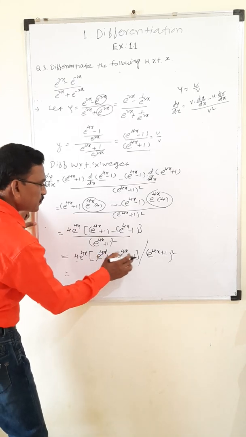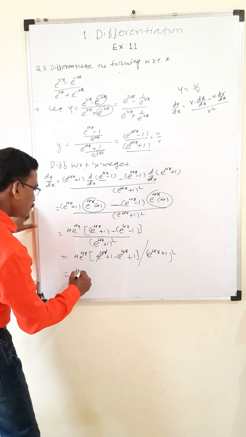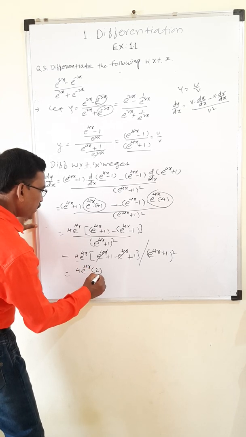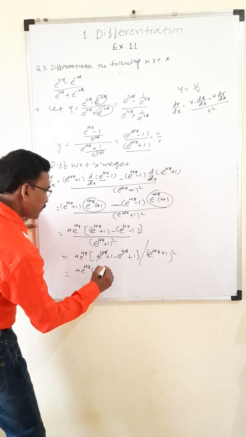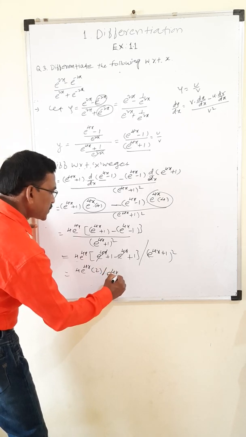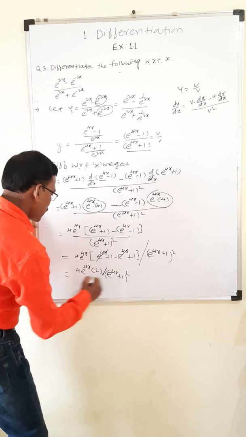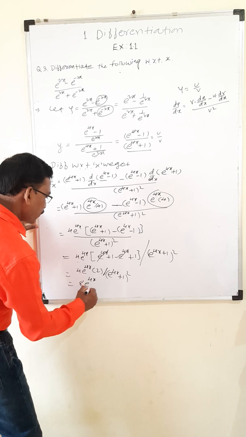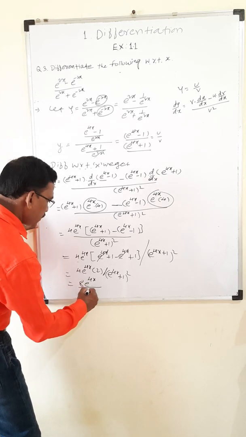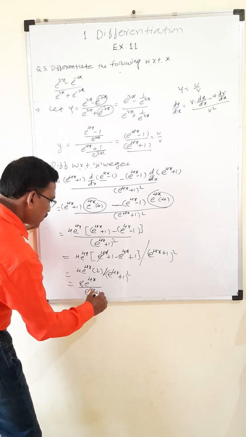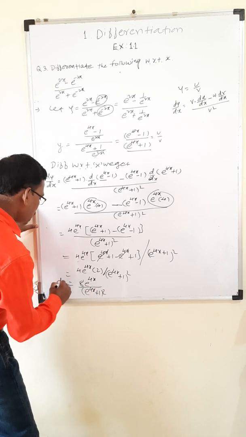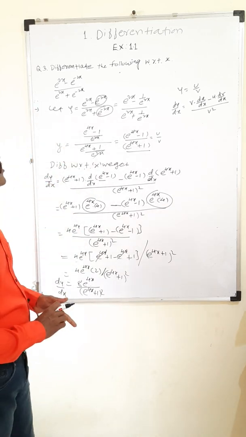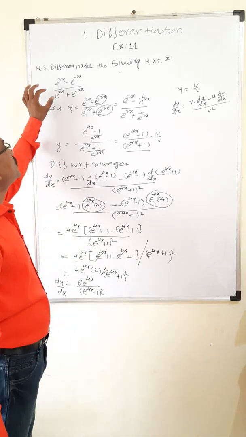It is only 1 plus 1, it is 2, and so 4 into e raised to 4x into 2 divided by e raised to 4x plus 1 whole square. And in the last, 4 2s are 8, 8 e raised to 4x divided by e raised to 4x plus 1 whole square is the final derivative of this composite function.